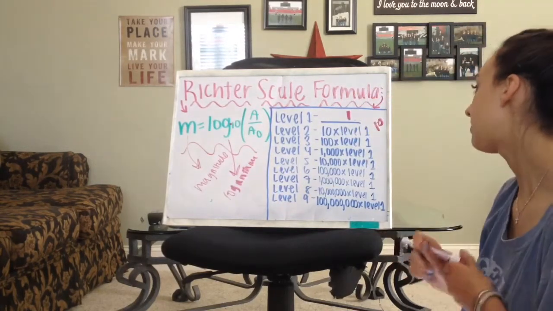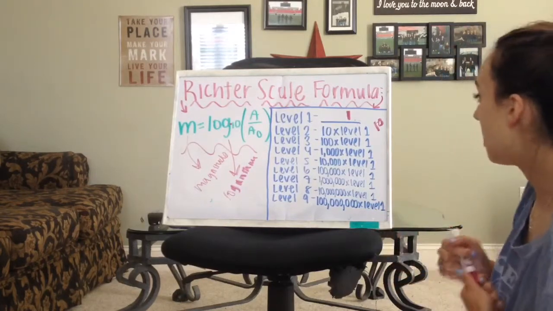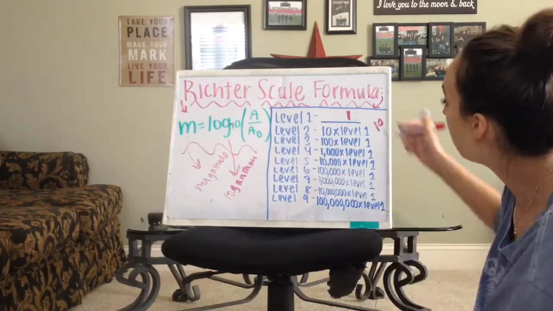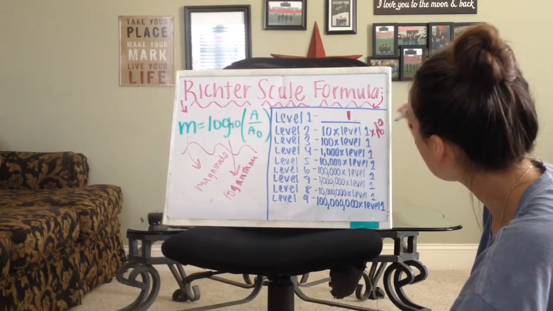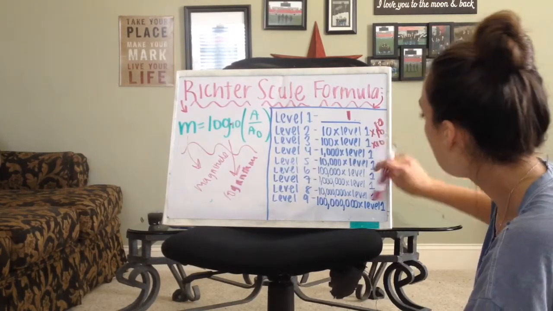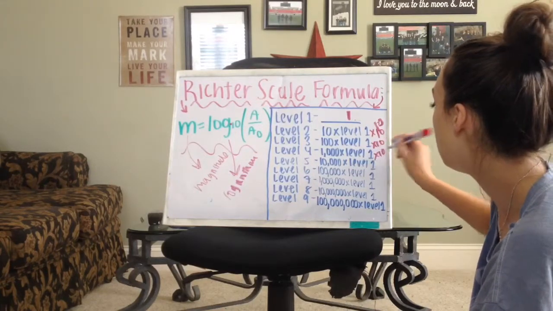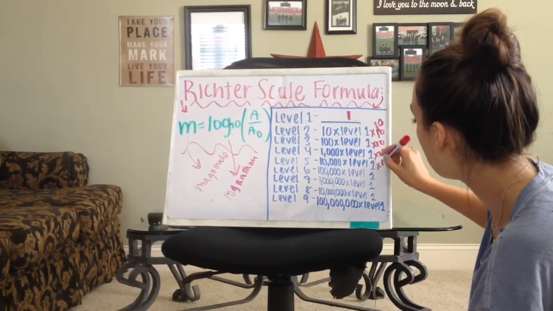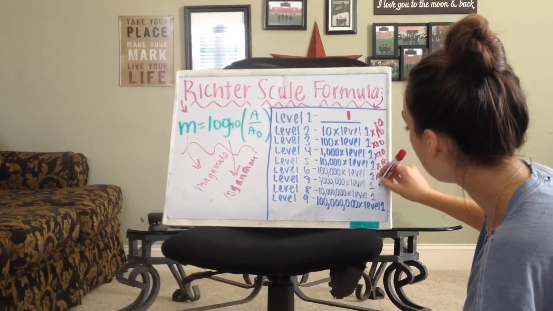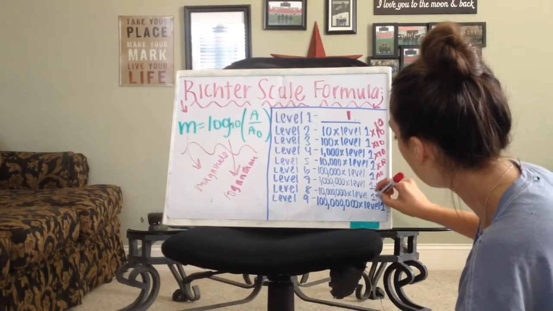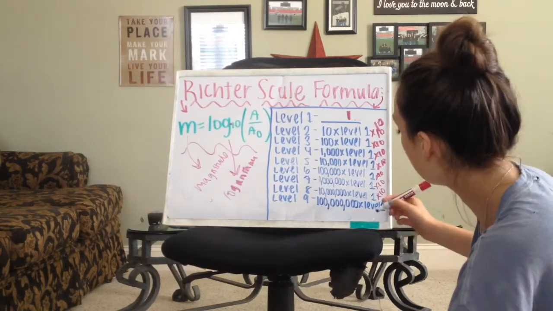It's just going to keep multiplying by 10, so 10 times 10 is 100, times 10 equals 1,000, times 10 equals 10,000, times 10 equals 100,000, times 10 equals 1 million, times 10 equals 10 million, times 10 equals 100 million.